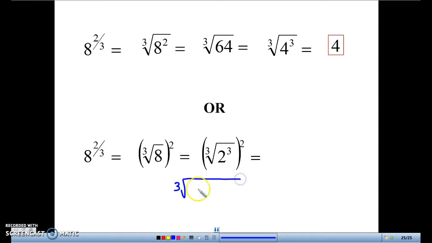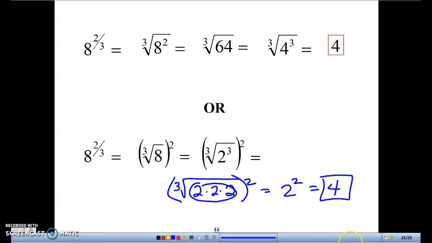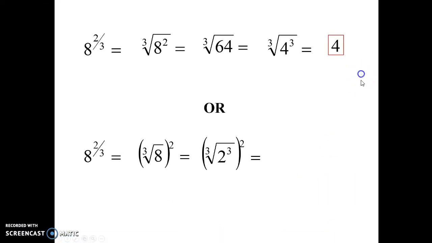I know that prime factorization form of 8 is 2 times 2 times 2. Group those together, and that comes out as a single 2. But now we're squaring it, and we get 4 as our answer. Either way, you get the same answer. All right?